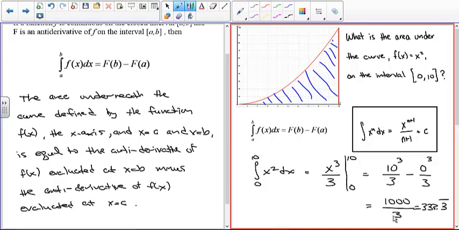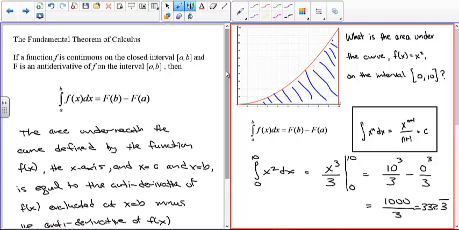So there's a couple of things to notice. If you look at the definition, it says if a function f is continuous on the closed interval, and the reason they say that is because if it's continuous, then it's integrable. Okay? So if it's continuous and F is an, it says an, not the antiderivative.